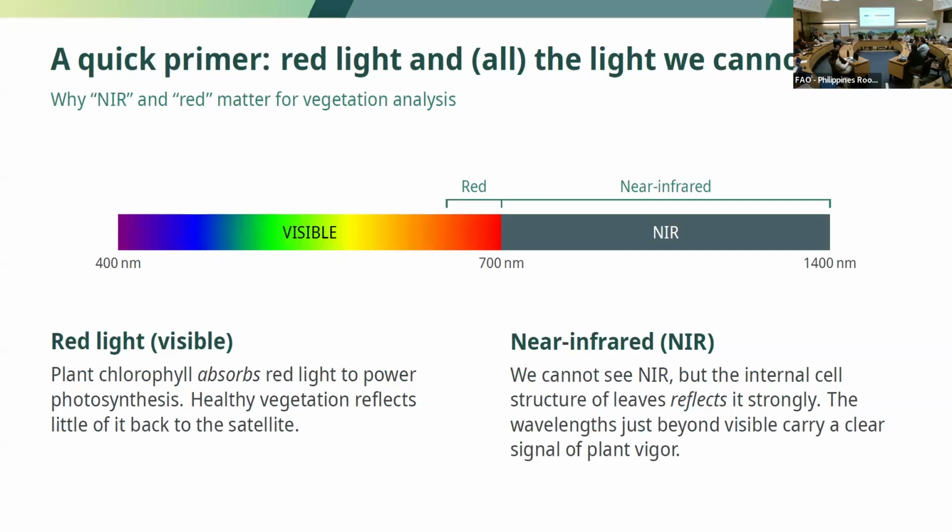So to drive that home a little bit more, what he was talking about in these specific wavelength regions is, let's take a moment to think about the physics of how a sensor works, but also the electromagnetic spectrum. So here we're going from about 400 nanometers on the left over to about 1400.